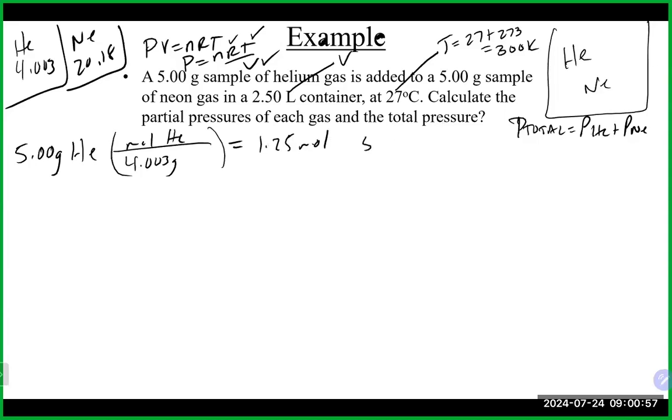We'll do the same thing for our neon, which is also 5 grams. So using the molar mass here of neon, 20.18 grams per mole, we're going to get 0.248 moles.